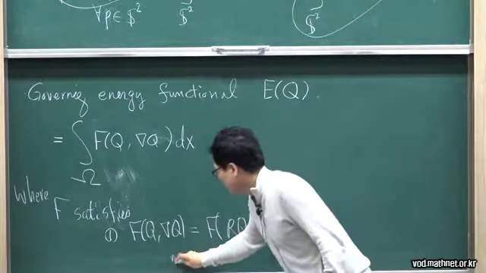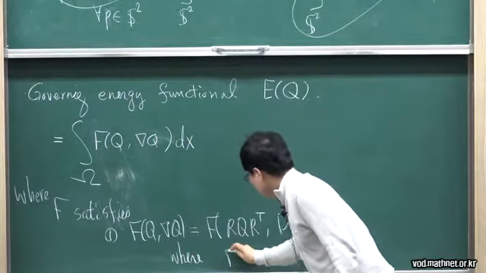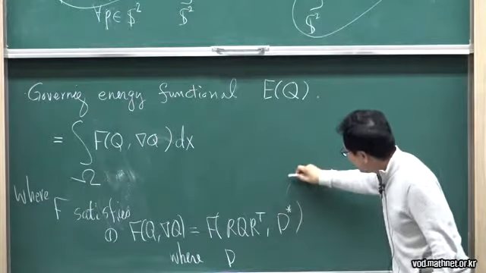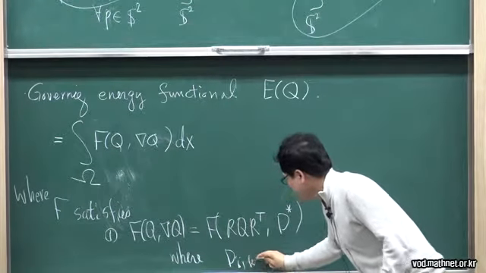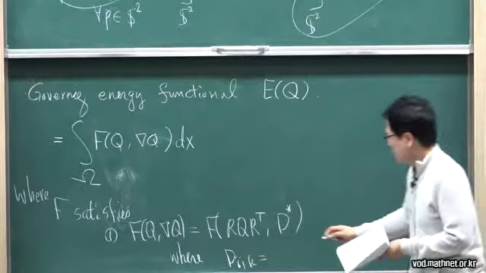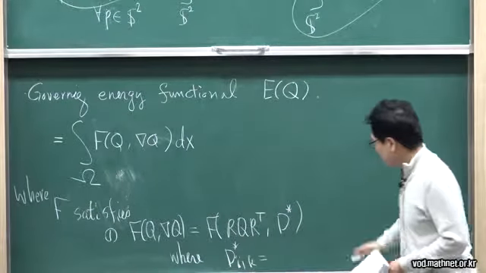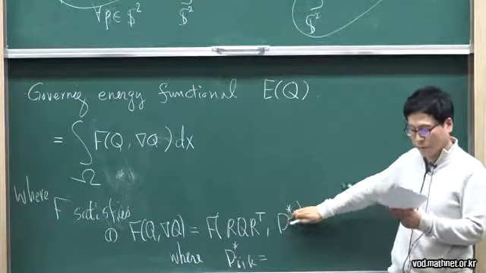So here D star is 3 by, D_ijk equals to, this is a third order tensor.